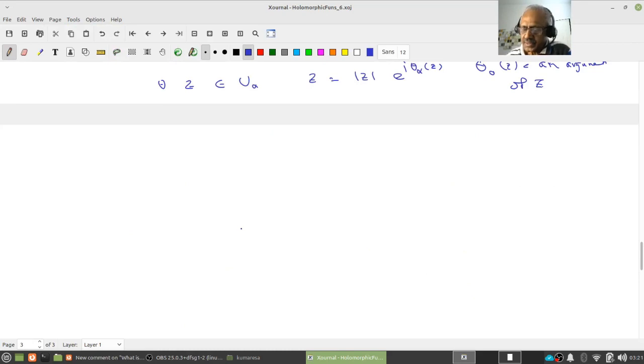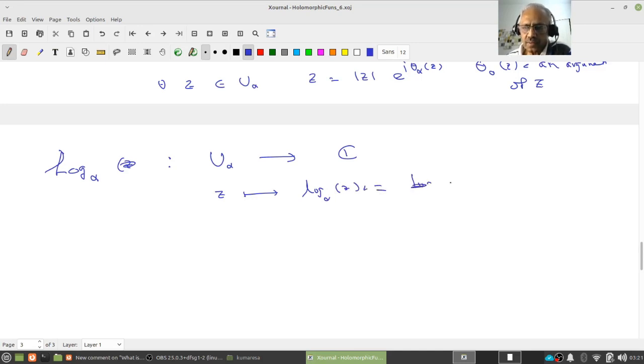So using this, we define what is meant by logarithm. Log alpha from U alpha to C: start with z and define, maybe I don't remember the notation, log alpha of z. This by definition is ln of mod z plus I times theta alpha of z. What is ln?